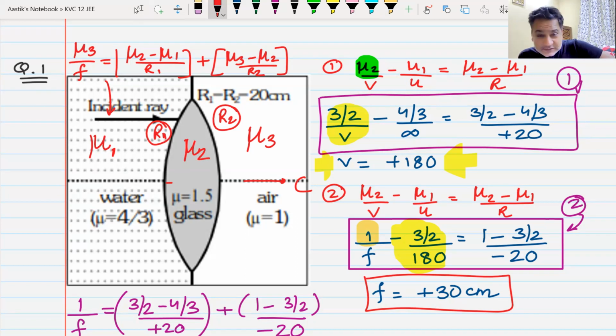Now, answer the same question again. Please correct the formula. If I change it, does the focal length change or does it not change? And the answer now is definitely it changes. Yes, sir, because this mu3 we did not write, sir. Now, go back. Why did I ask you to write this?